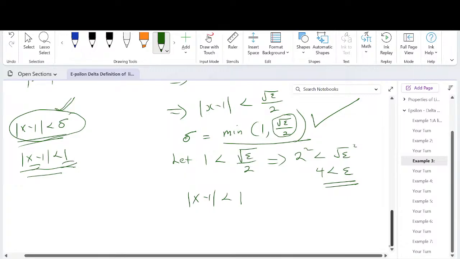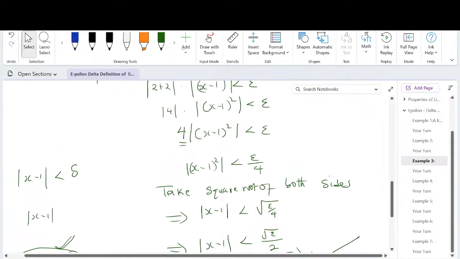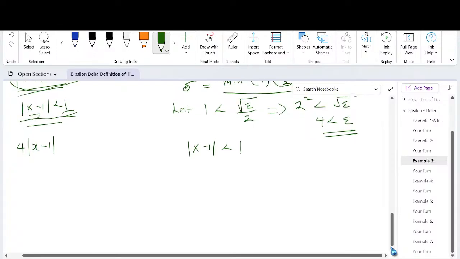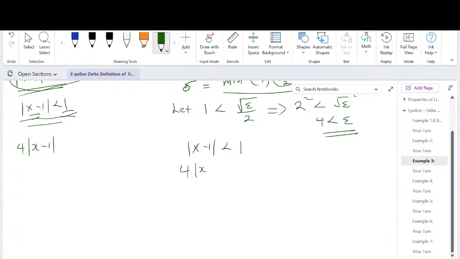So my f of x now, don't forget that my f of x has been simplified to 4 times the absolute value of x minus 1. This is my f of x here that I simplified. So if the absolute value of x minus 1 is less than 1, then 4 times the absolute value of x minus 1 will be less than 4 times 1.